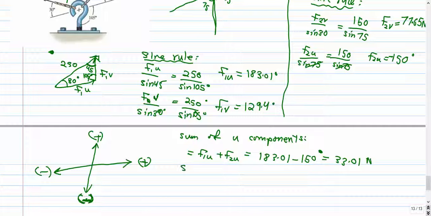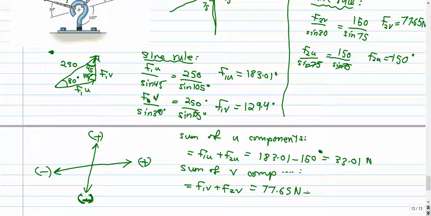Now summing the components along the v-axis gives us F1v plus F2v, which equals 77.65 newtons plus 129.4 newtons. This gives us 207.06.